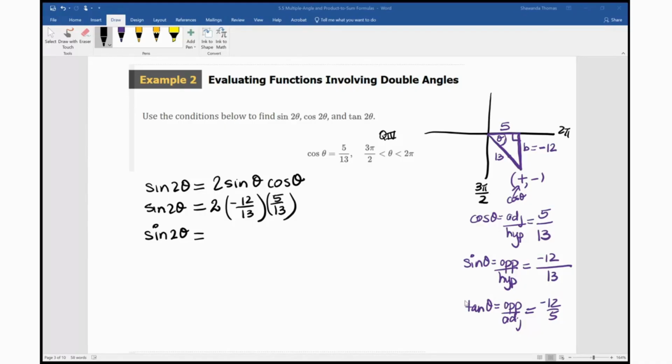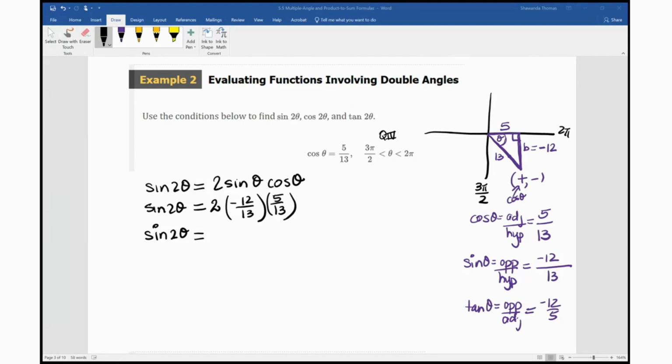Honestly, you can do all three. What numbers are those? Would you still do 2 times negative 12 and then 2 times 5? You said 2 twice.